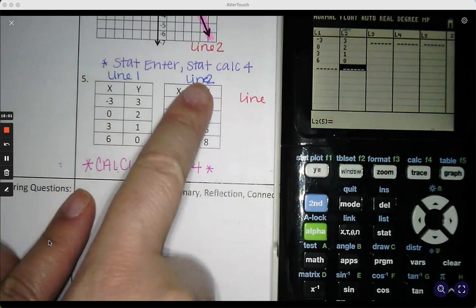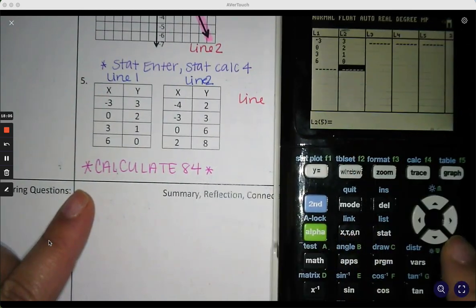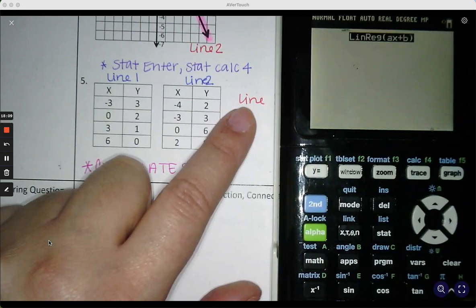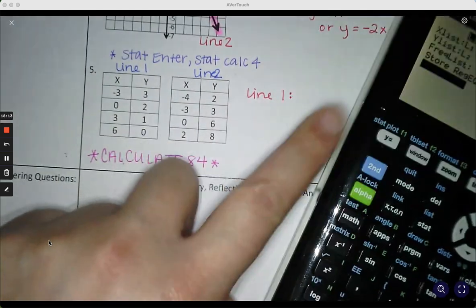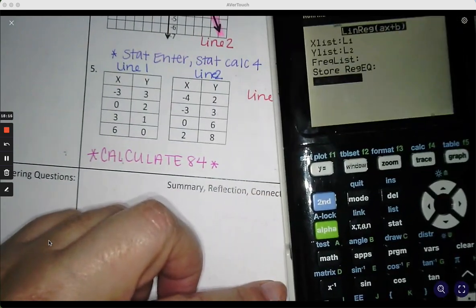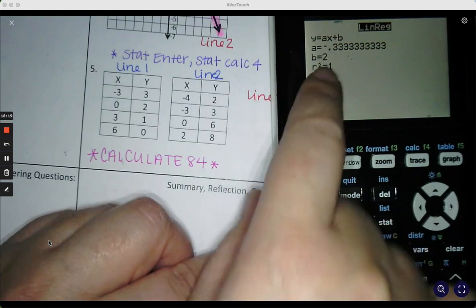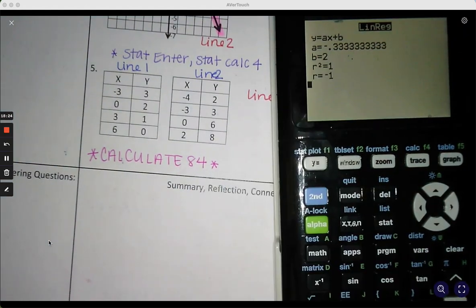Okay, then I'm going to hit stat again. I'm going to go over to calc. Then I'm going to go down to number 4. If you hit enter or the arrow key, it doesn't matter, get all the way down to calculate. Hit enter. Your slope is the A value, your y-intercept is the B value. The decimal point 3333333333333, so on and so forth.